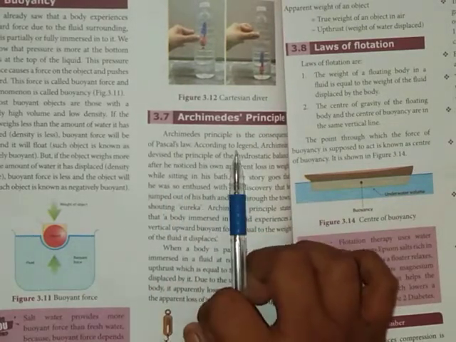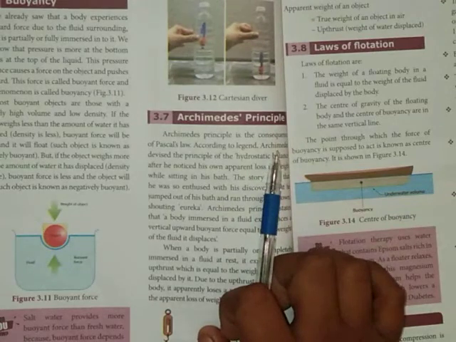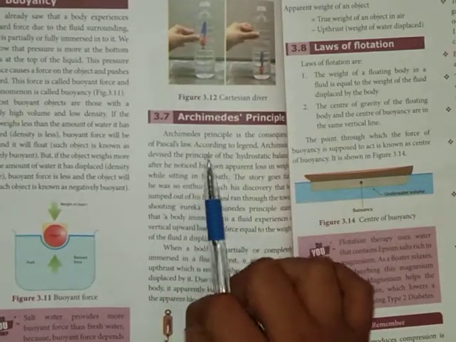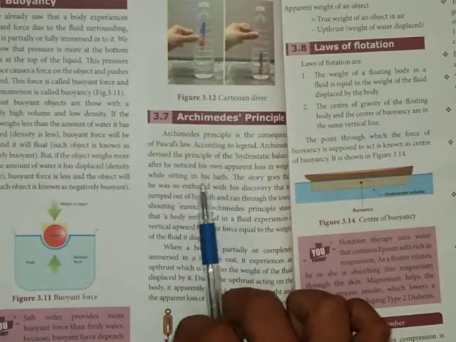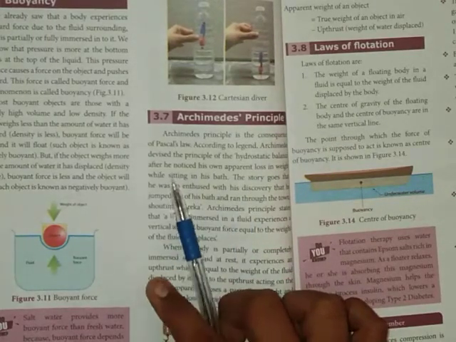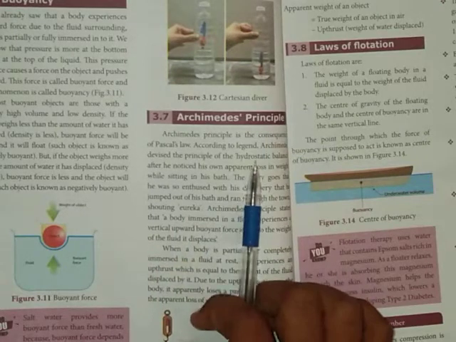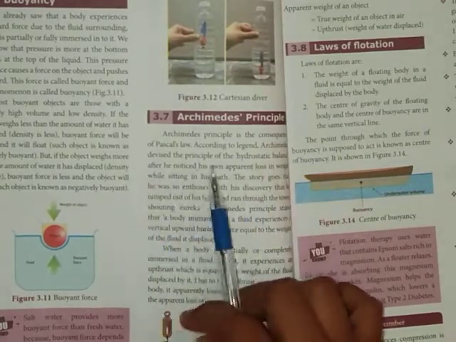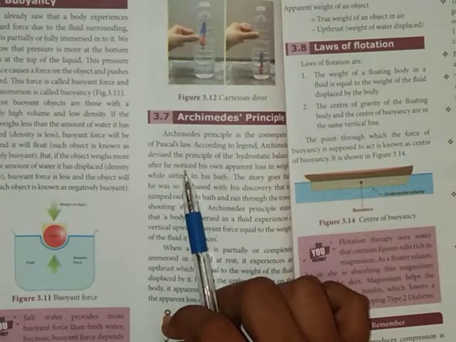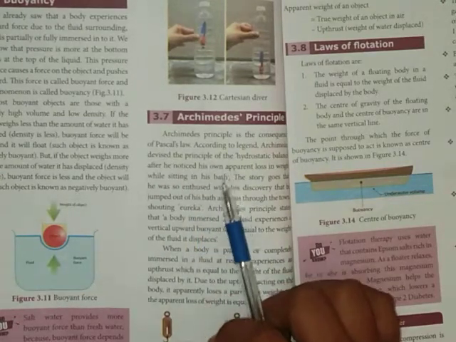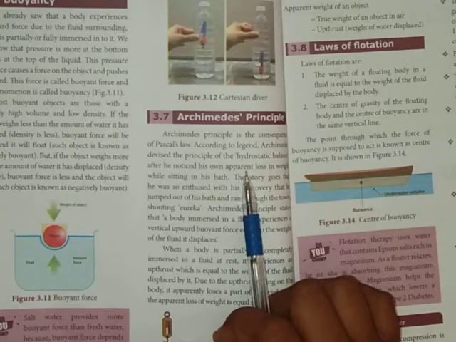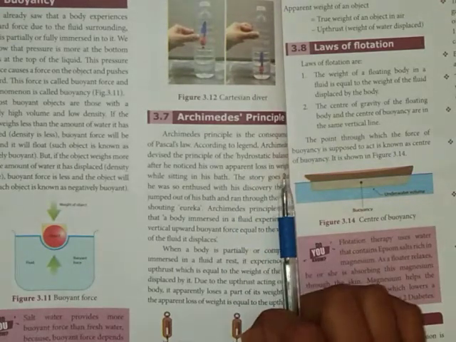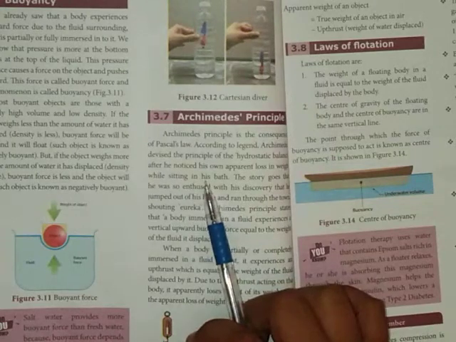According to legend, Archimedes devised the principle of the hydrostatic balance after he noticed his own apparent loss in weight while sitting in his bath.